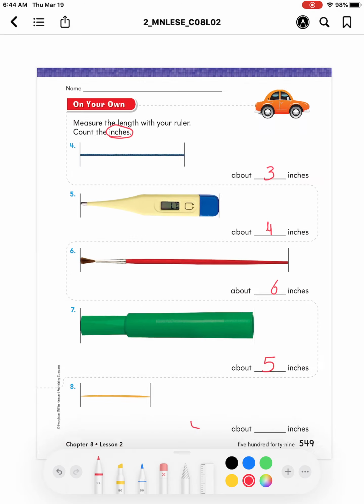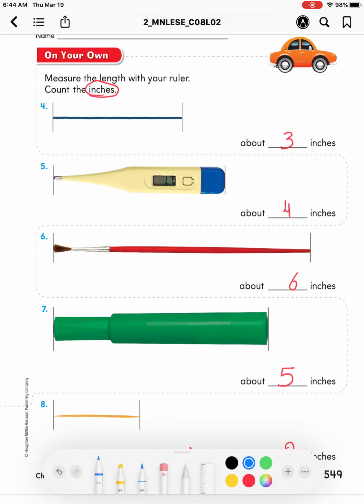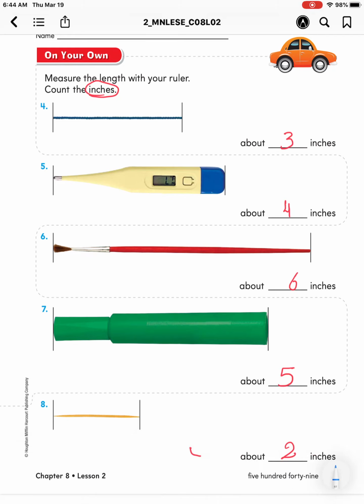And last one, the string was about 2 inches. Now, which one is the longest one? Amazing. I can hear you saying it's the painting brush. The painting brush is the longest one. Which one is the shortest one? Excellent. The string, the yellow one. This is the shortest one.